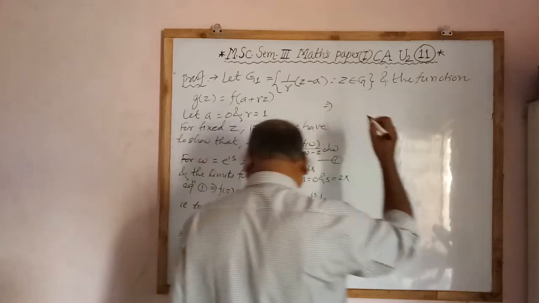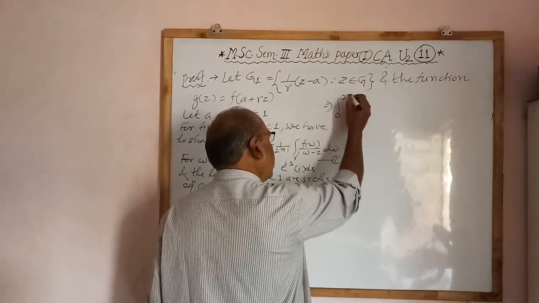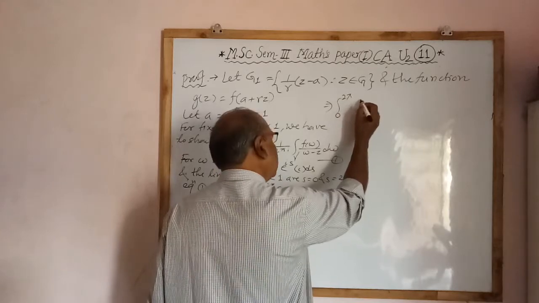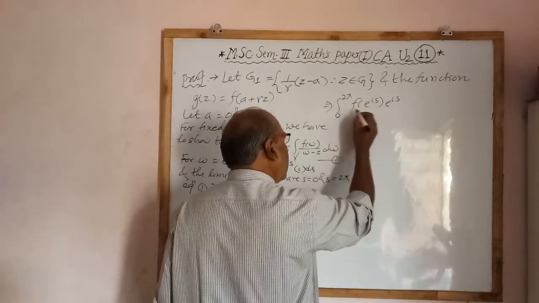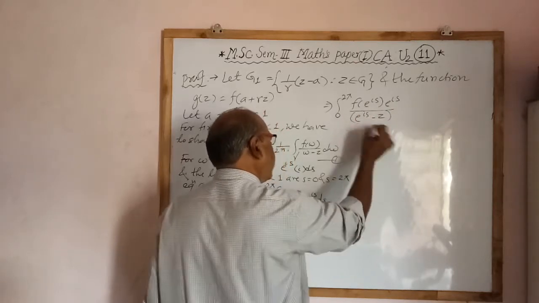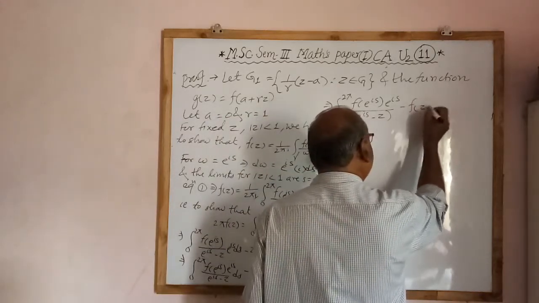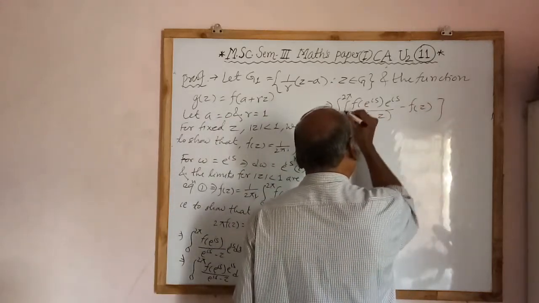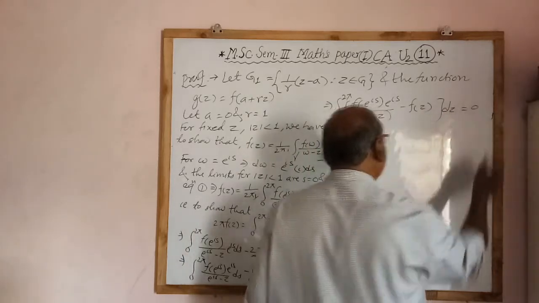Therefore integration 0 to twice pi of f of e to the power is divided by e to the power is minus z, minus f of z, dz equal to 0.